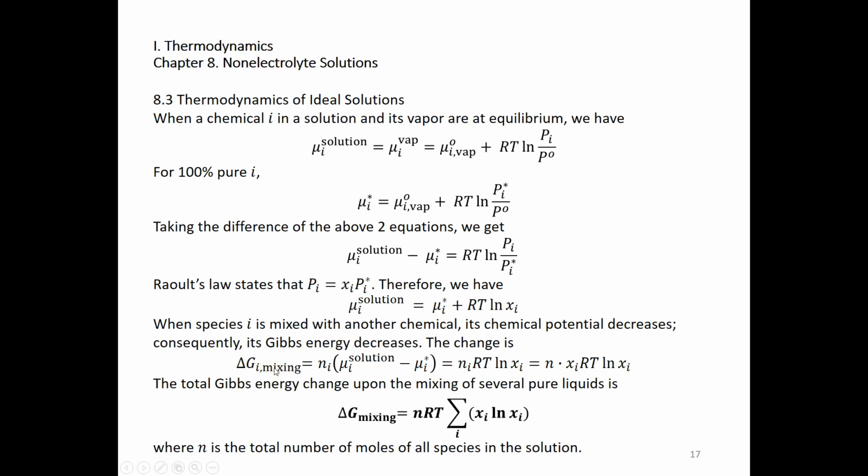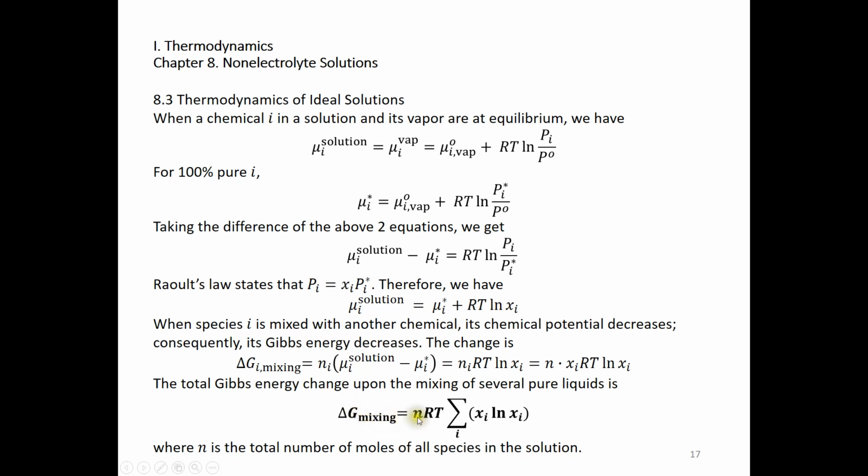What if we have several pure liquids being mixed? Then the total Gibbs energy change due to mixing is nRT times the sum of x_i ln x_i. So over here we just sum up this term for every single liquid, and we get this equation for the Gibbs energy of mixing.